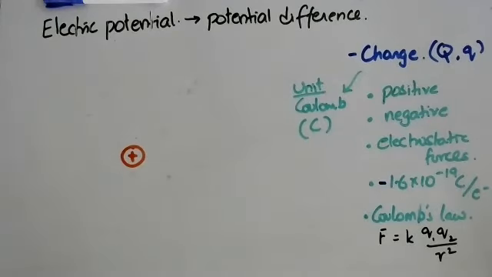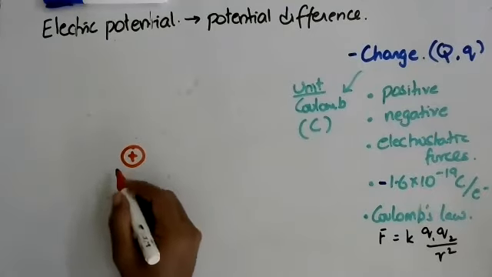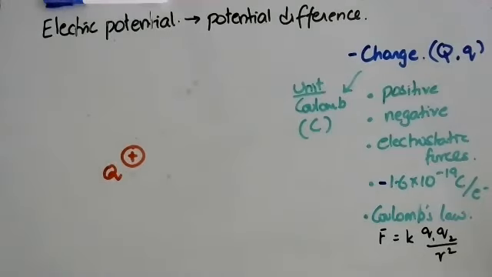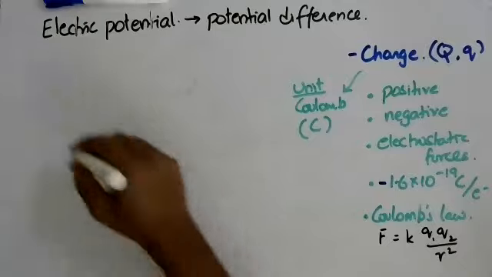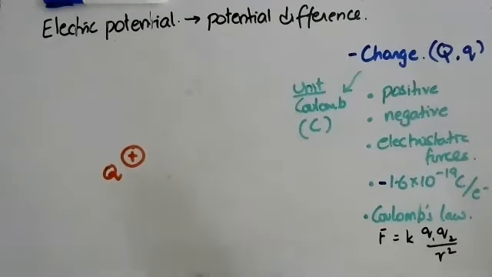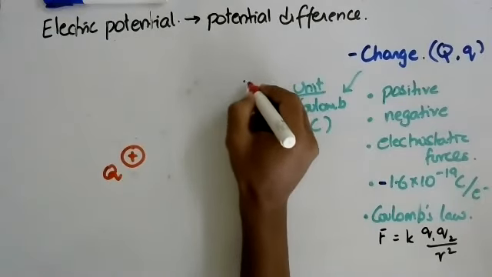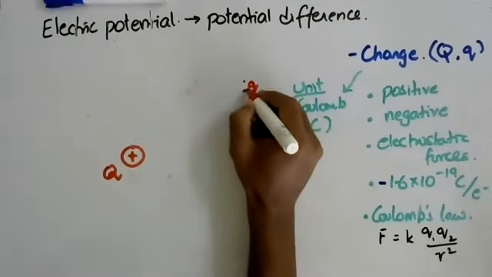You can keep it as negative also, but traditionally we keep it as positive, with a charge Q. The capital Q represents that it is a very large charge, and place within its vicinity, somewhere in the area around it, a very tiny positive test charge.